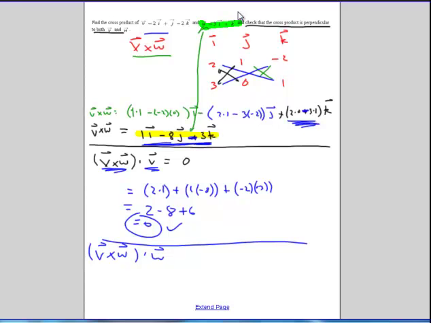So this is going to result in 3 times 1. There's no j term, so plus 0 times negative 8, plus 1 times negative 3, and this equals 0. So the fact that v cross w dotted with v and dotted with w both resulted in values of 0 confirms that they are in fact perpendicular, which is what we would expect given our definition of cross product.